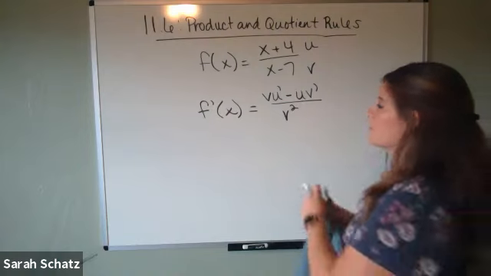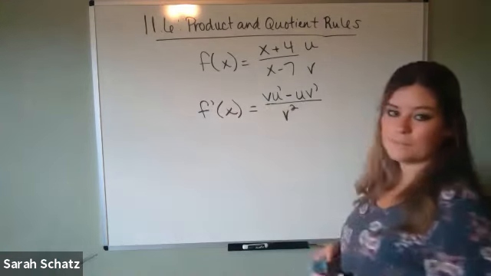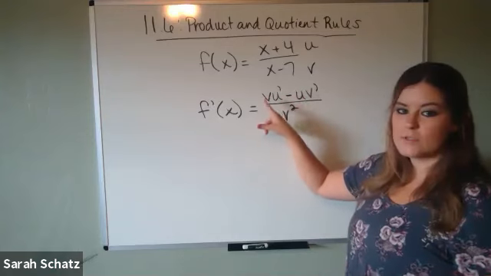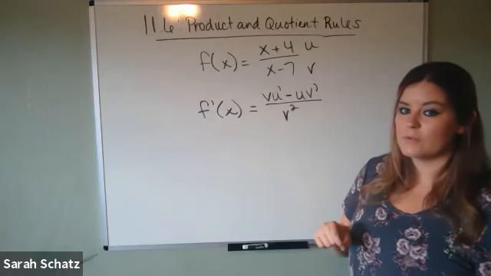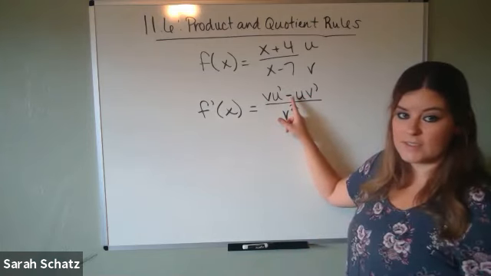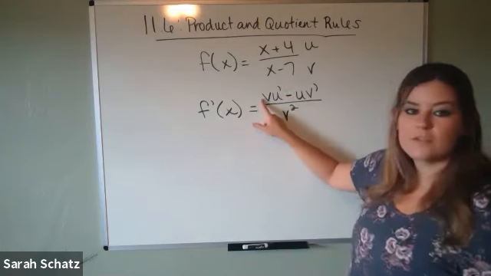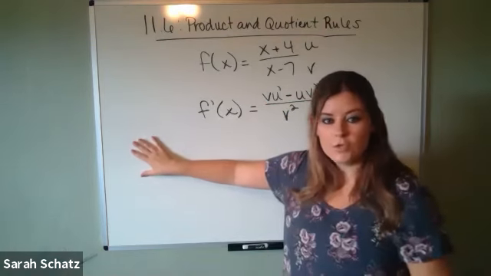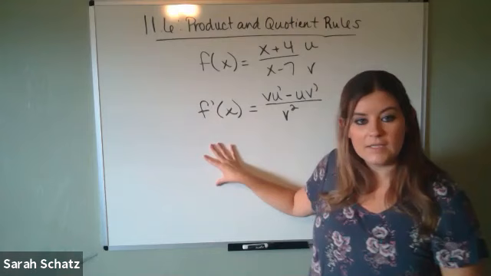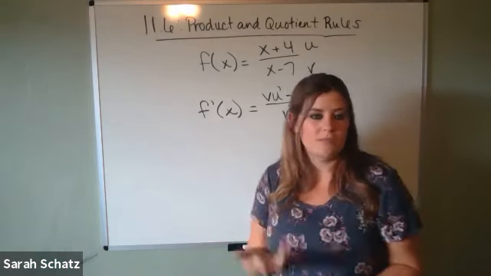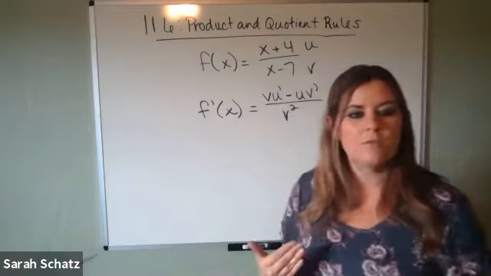So some pointers here before we get started. Remember, I have these same two terms in my product rule. Key differences: this is a minus and not a plus anymore. And notice which term is first. Remember when I wrote out the product rule, I did u dv and v du. That's just the way we write that. I guess if you wanted to switch it, it would be fine, but usually we write it that way.